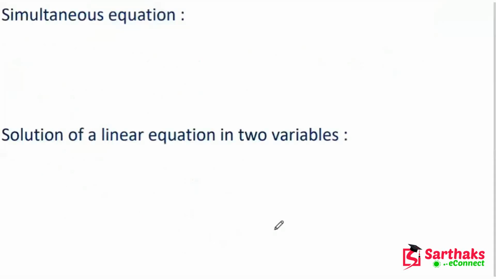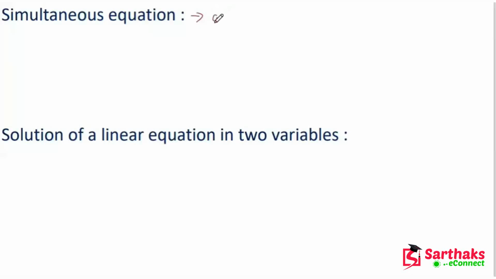Now let's move on to simultaneous equations. A pair of linear equations in two variables is said to be a system of simultaneous equations.